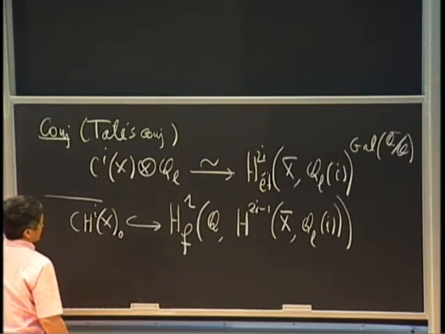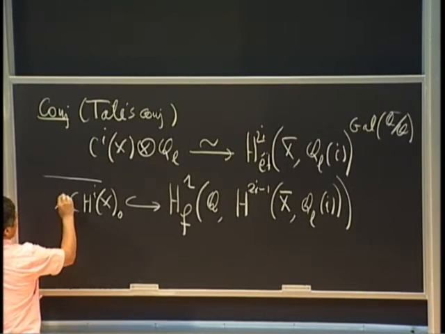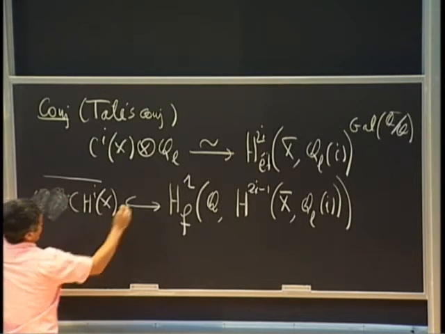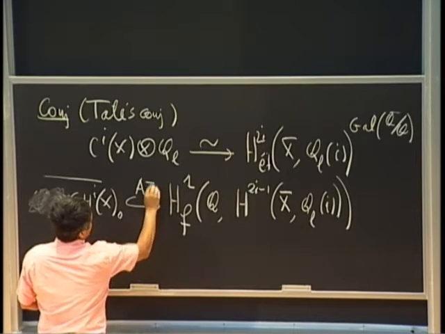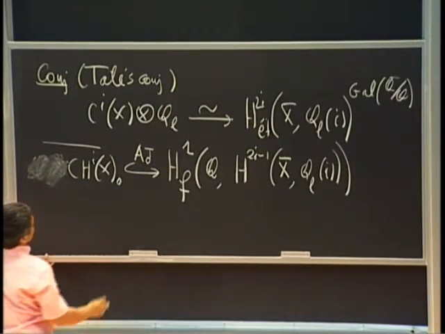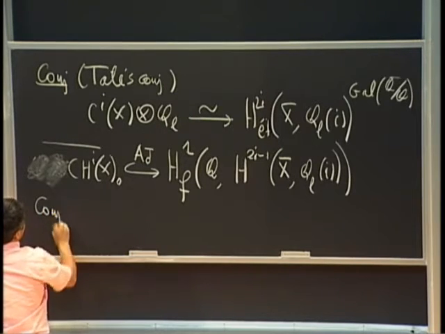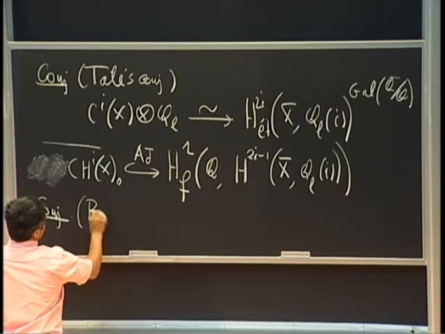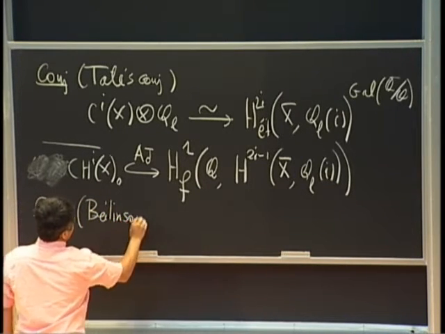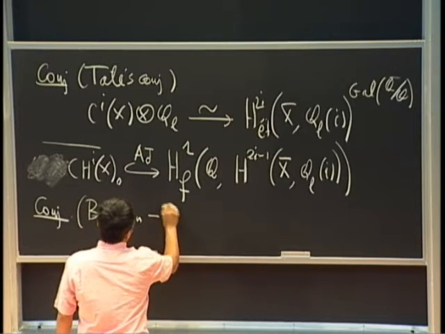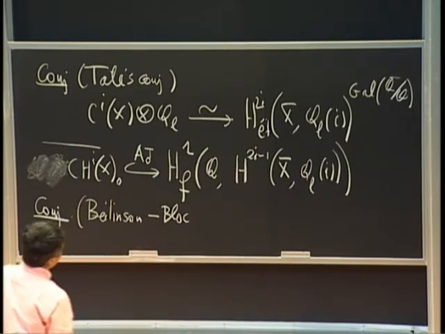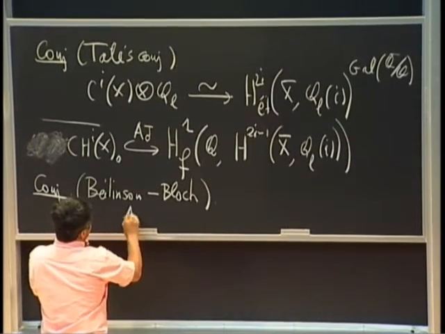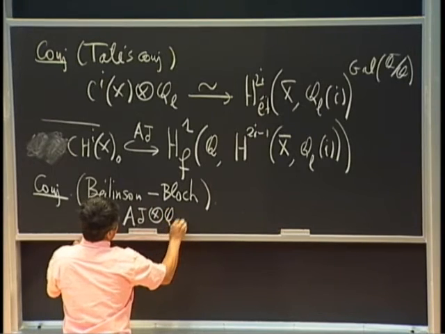Then you can tensor again with Q_l there. Let me write down this one, called the Abel-Jacobi map. Then there is another conjecture. If you tensor this by Beilinson-Bloch, I don't know if that is true or not. Probably. At least the Fontaine-Perrin-Riou conjecture is written down very clearly: that the Abel-Jacobi map, when tensored with Q_l, is an isomorphism.